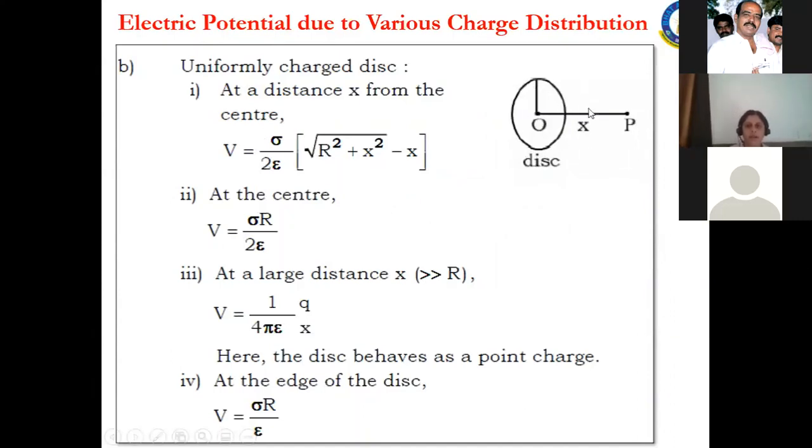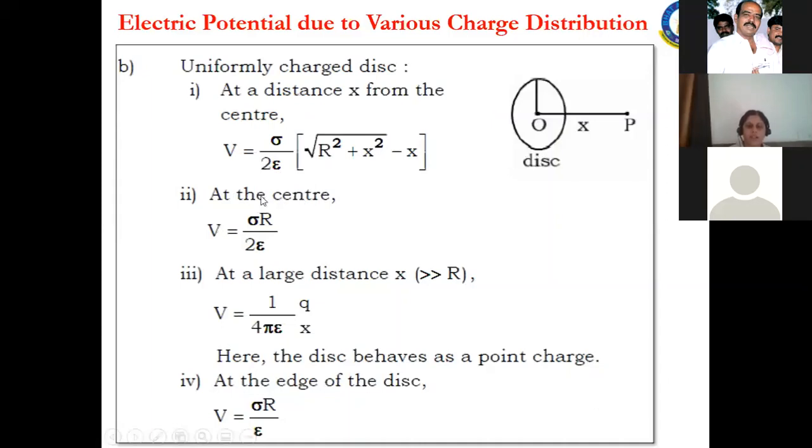The previous one, the ring, was hollow, right? Inside there was nothing. So now it is a disk, so we are considering the surface charge density. So sigma by 2 epsilon naught into root of R square plus X square minus X.